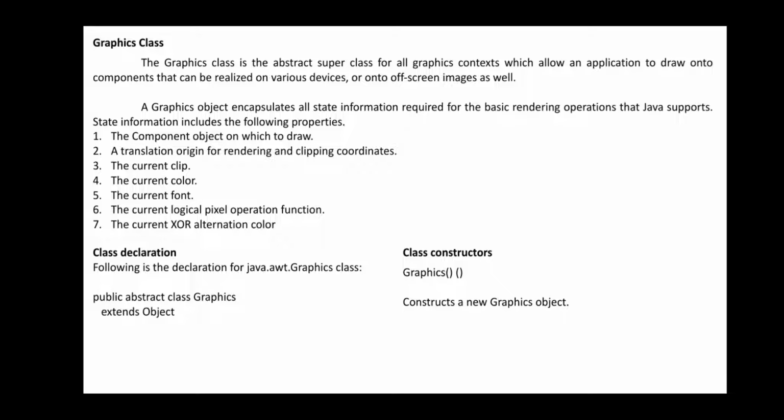That state information includes the following properties. First, a component to draw, either a circle, a line, a rectangle, an arc, a point, or something else. Then a translation origin for rendering and clipping coordinates, meaning the x-axis and y-axis, from where it should start and where it ends. You have to give the axes.